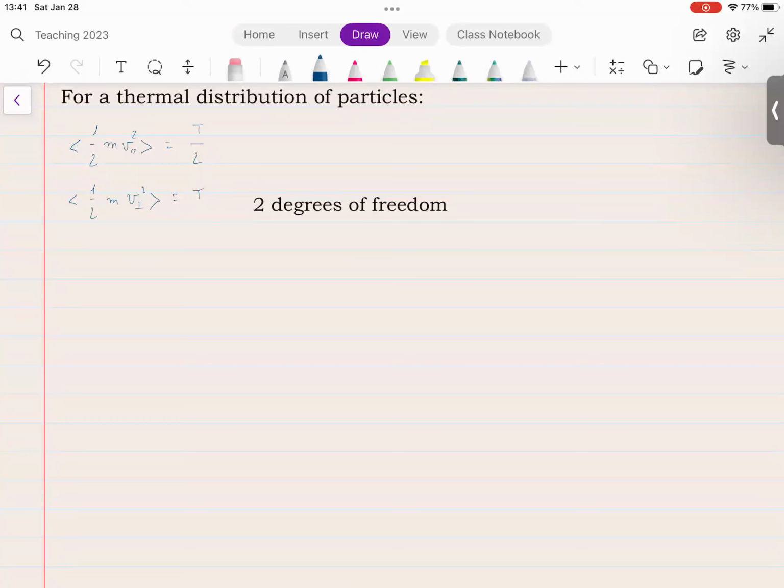And where that takes us is the following, that the sum of the curvature plus the grad B drifts for a thermal distribution of particles is going to look something like this.